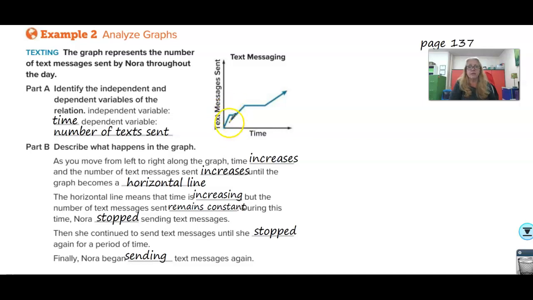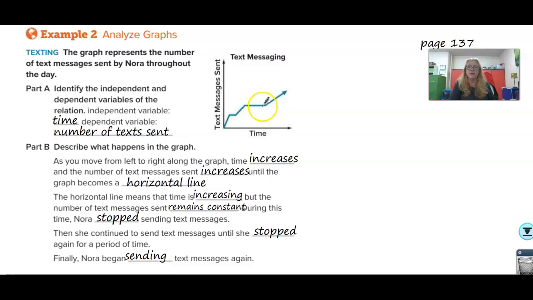As you move from left to right along the graph, time increases. Okay. And the number of text messages also increases until the graph becomes a horizontal line. The horizontal line means that time is increasing, but the number of text messages sent is remaining constant.